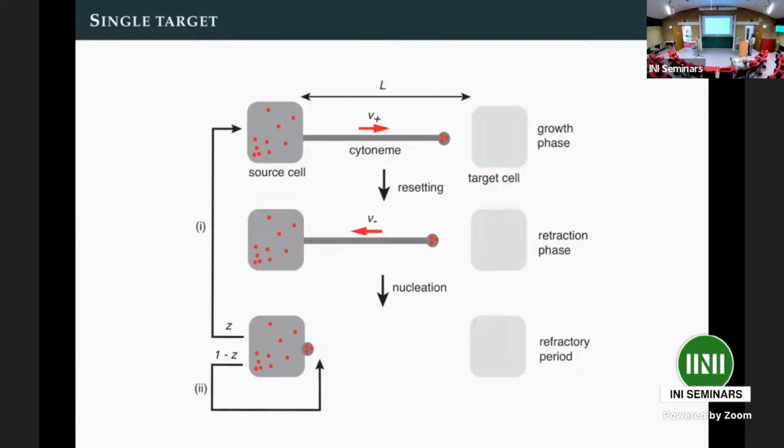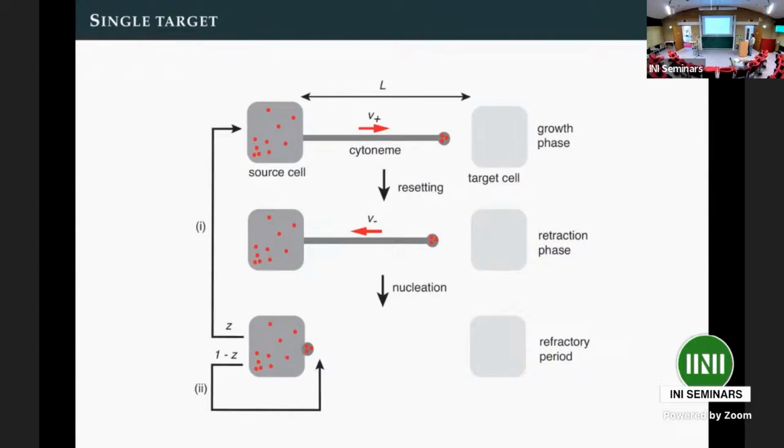However, there's a certain rate at which you can reset, and then once it resets, there's a waiting time before it nucleates again and starts growing. But the reason you need this resetting is that there's a non-zero probability that it might grow in a direction in which it doesn't find a target cell. And so then it's just a waste of time, and then it has to return, and then it tries again.